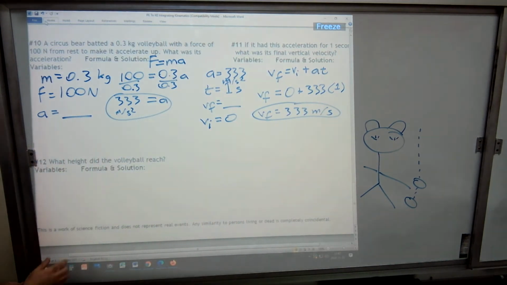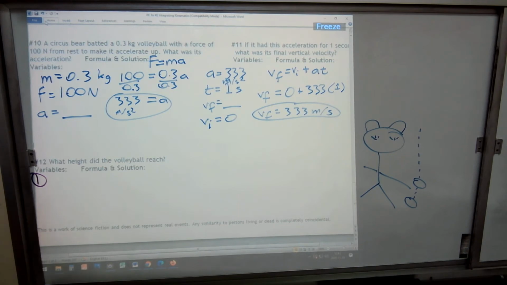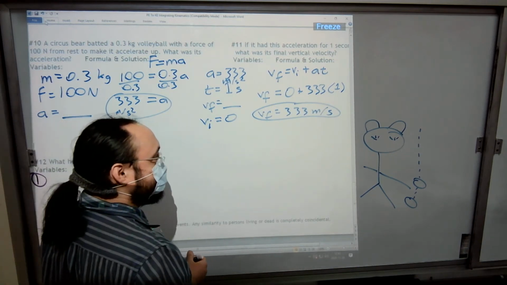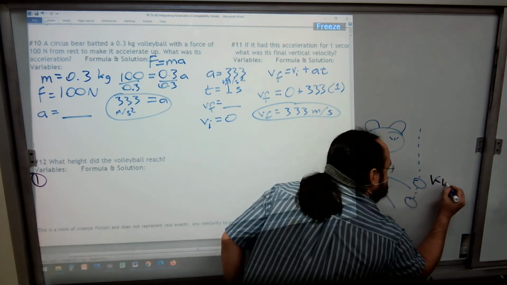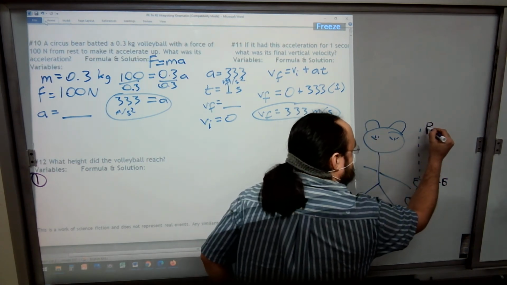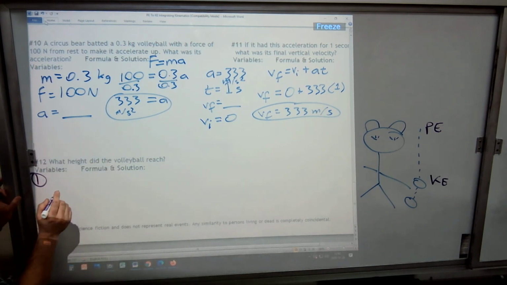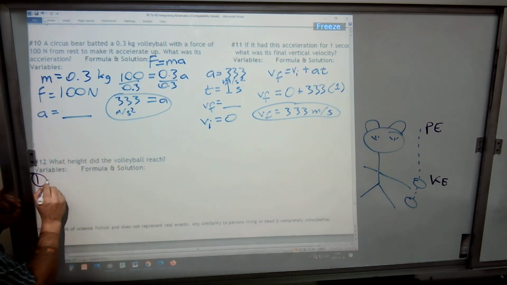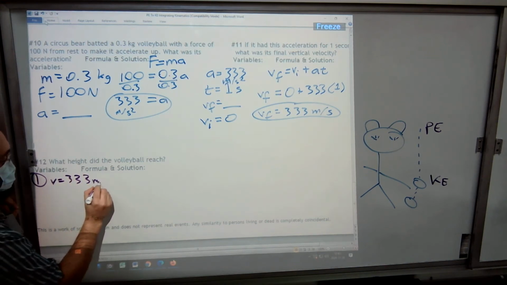Now down here, it asks what height did it reach. There's two ways to do this. I'll show you one way, and I'll show you another way. So we could use its kinetic energy right here, and then it's going to turn all that into potential energy. So let's do it that way first. The thing is going 333 meters per second.